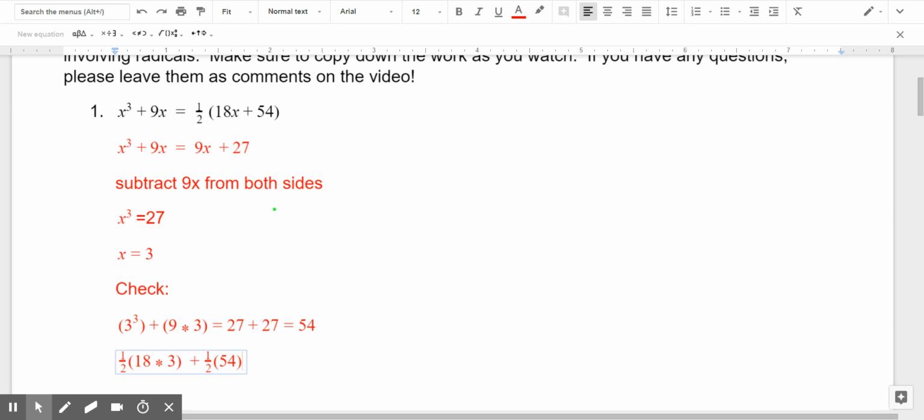So let's see. 18 times 3 is 54. So we're looking at half of 54 plus, well, the second part is half of 54. So if I take 2 halves of 54 and add them together, obviously I do get 54. Since our left-hand side and our right-hand side are equal, this does, in fact, confirm that x equals 3 is the solution to our equation.